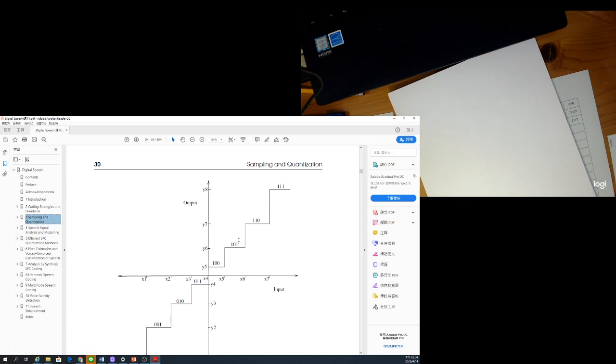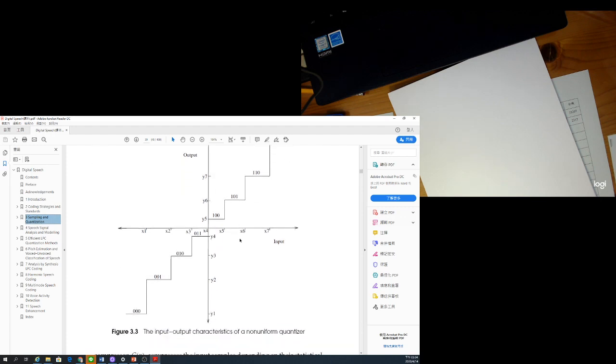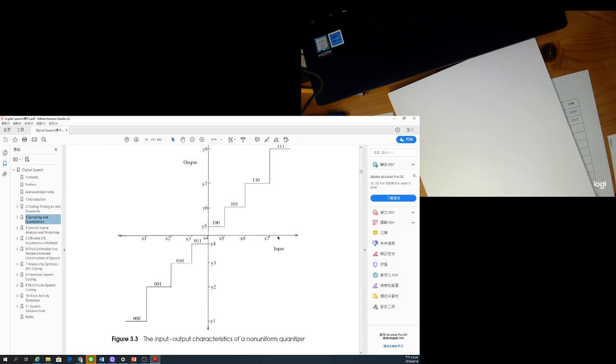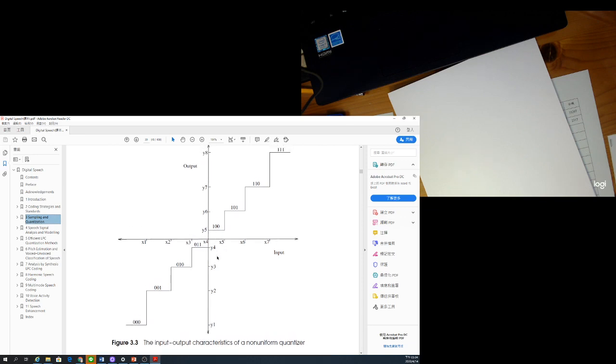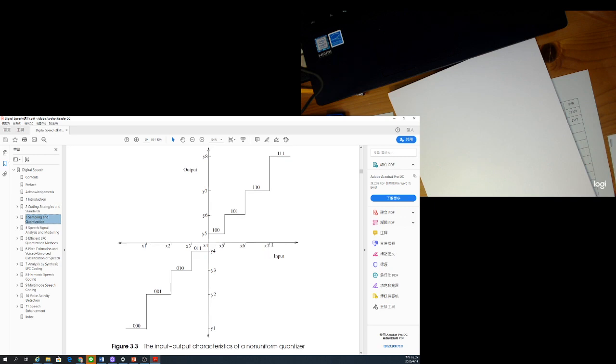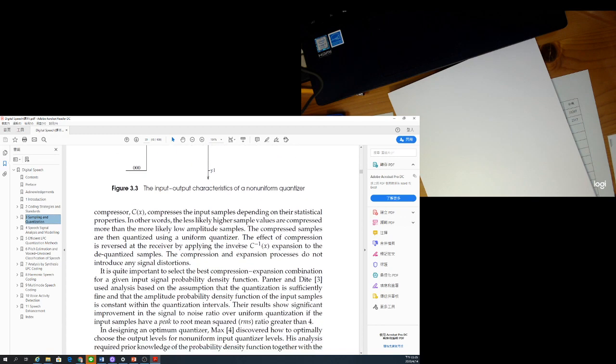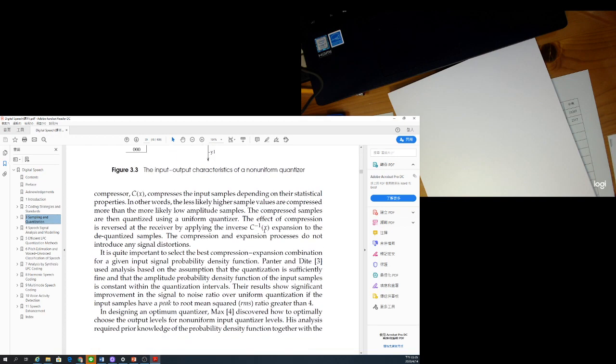That centroid point is your optimal quantization level. This example shows our data frequently comes out around S3 and S5. You can see quantization levels S5 and S4 are closer, and later on S7 and S8 the step size will be bigger. That indicates the signal in this region does not come out frequently. So this is a non-uniform quantizer.